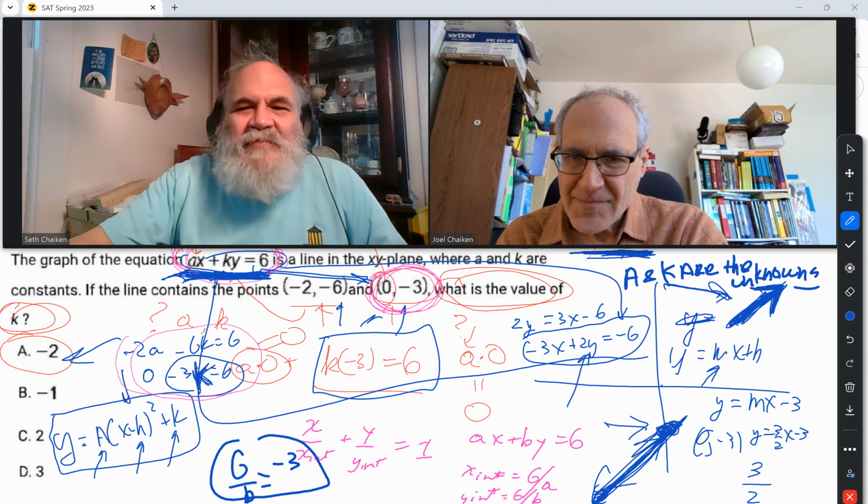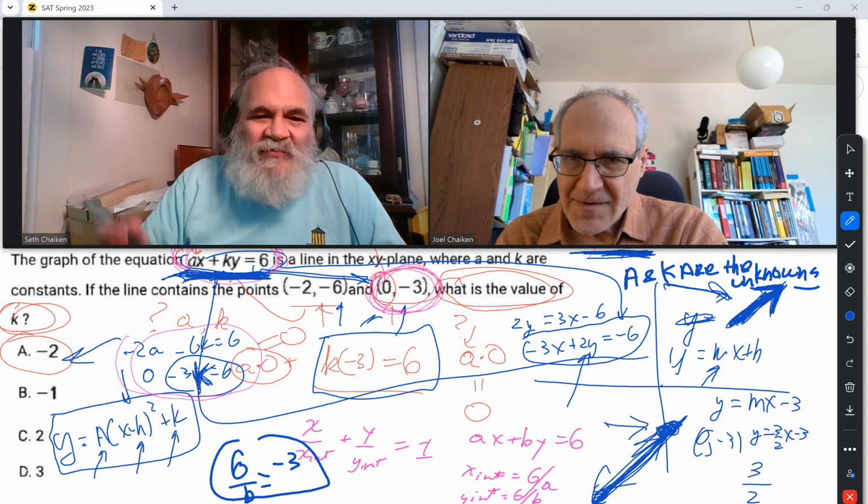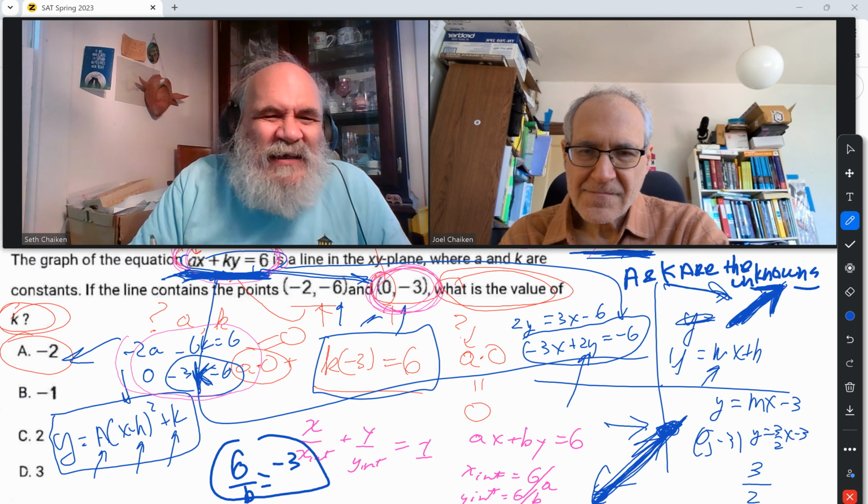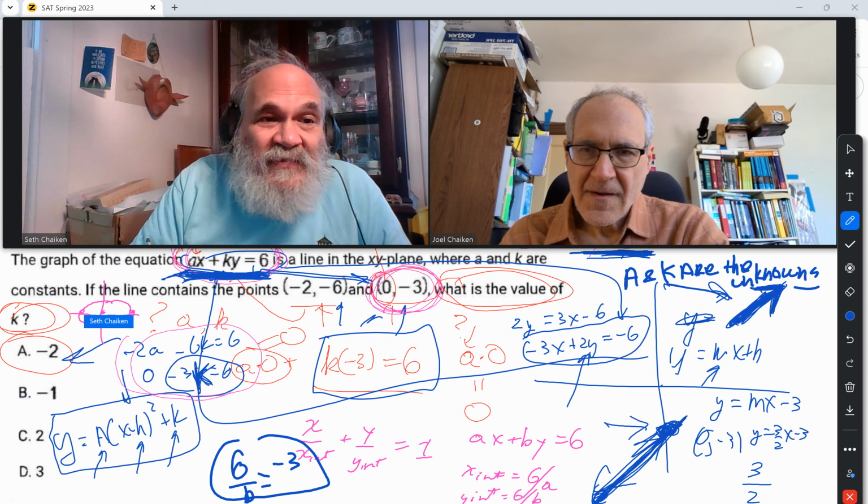Well, the cool thing about the intercept form is that when we go a little bit beyond and look at ellipses, an ellipse that's centered around the origin has x-intercepts and y-intercepts.